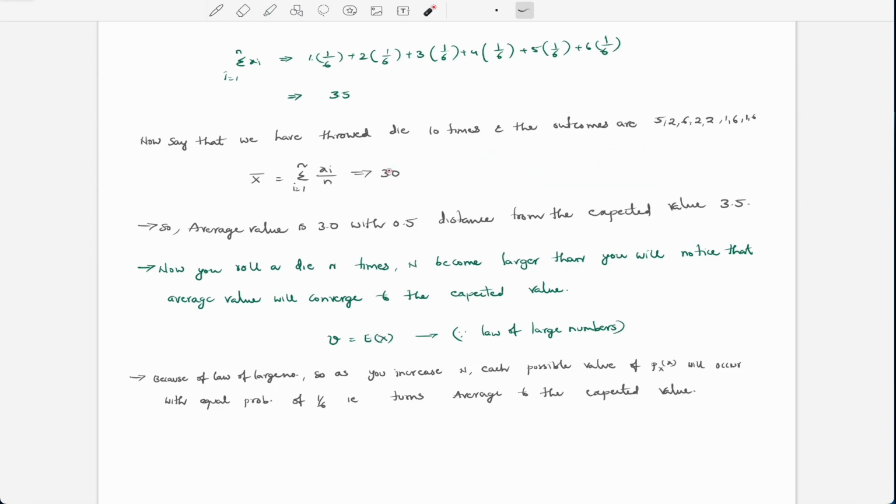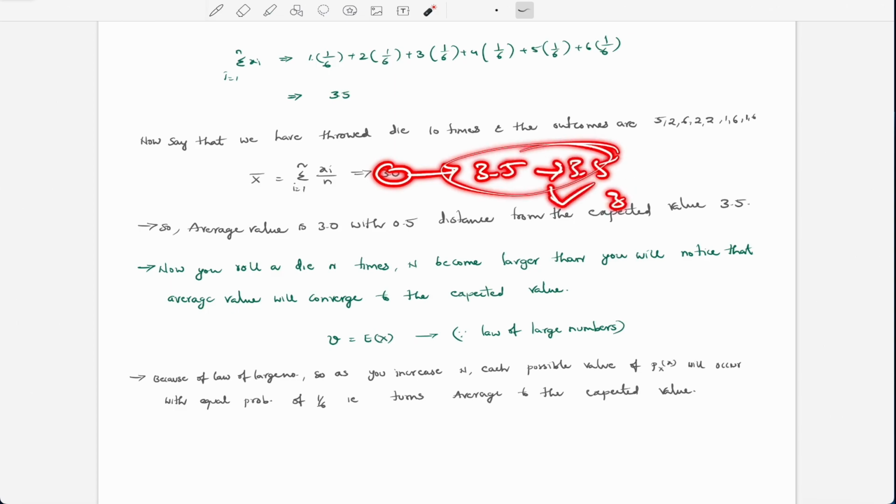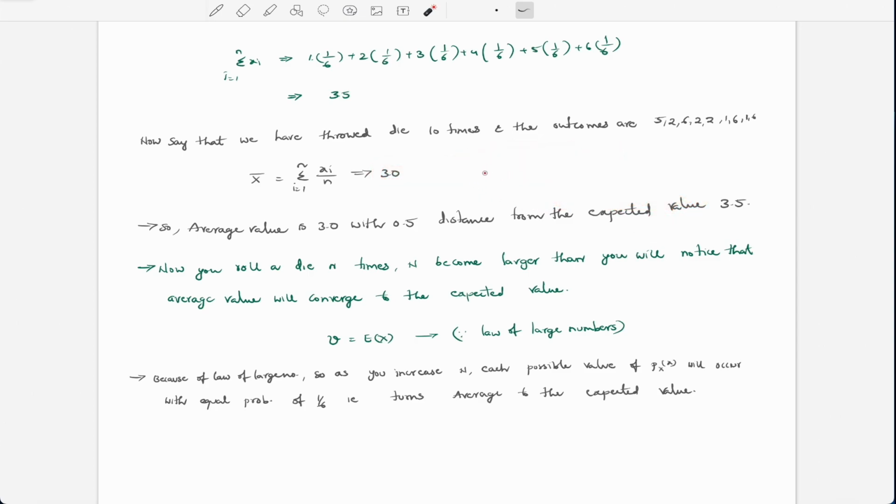I am saying this 3.0 will become 3.5 if you run it 3000 or 4000 times. If we roll a die 1000 times or 1 lakh times, the value will converge to our expected value.